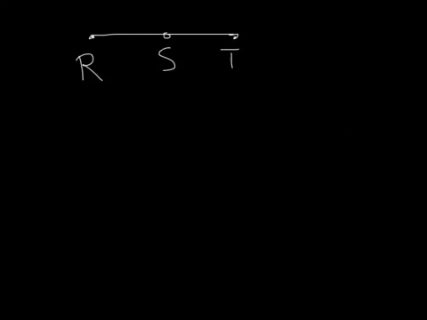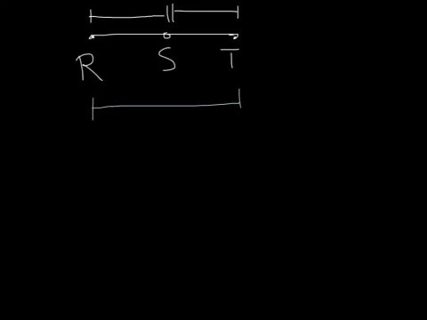Alright, this is an important one that's going to be very useful, and we've actually already worked with this quite a bit in our last chapter. This is just segment addition. Remember, we could add these small pieces together. We could say that RS plus ST, those two small pieces always add up to equal the big piece, right?